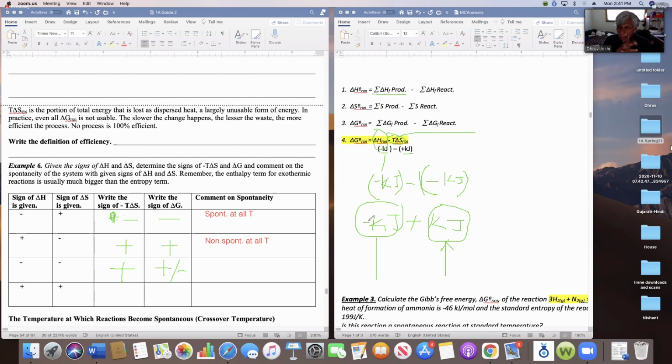We don't need to be concerned about how high the temperature is because we don't have the numbers, but that's what we say, comparatively speaking. So we say here, spontaneous at low temperature or non-spontaneous at high temperature, same thing. Spont at low temp.